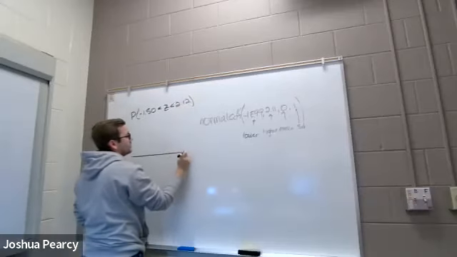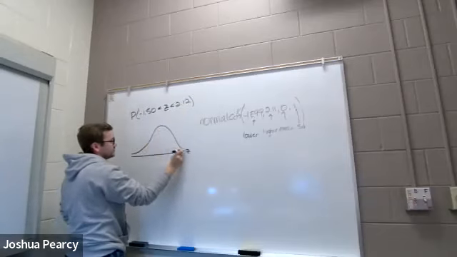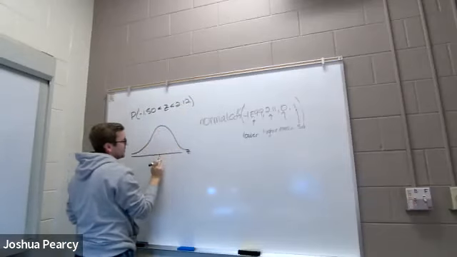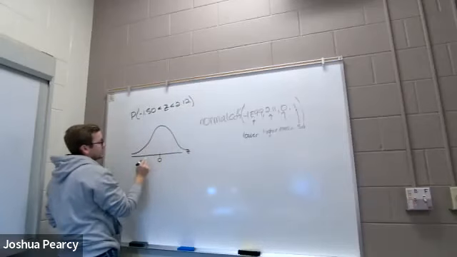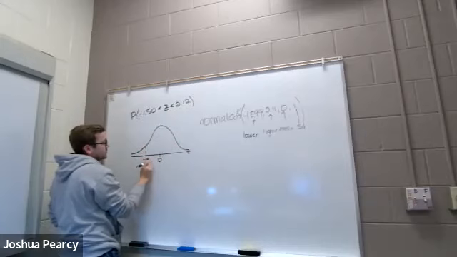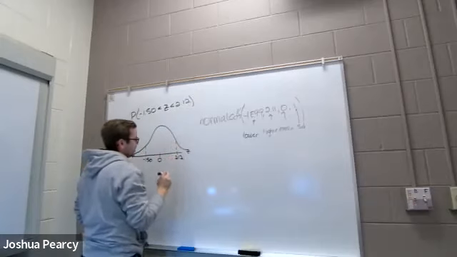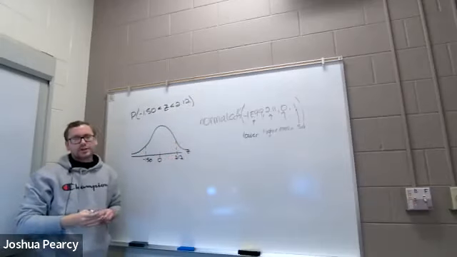Then if I draw the standard normal curve, here is the mean of 0. Here is, say, -1.50. And here is 2.12. What area do I want in this case?